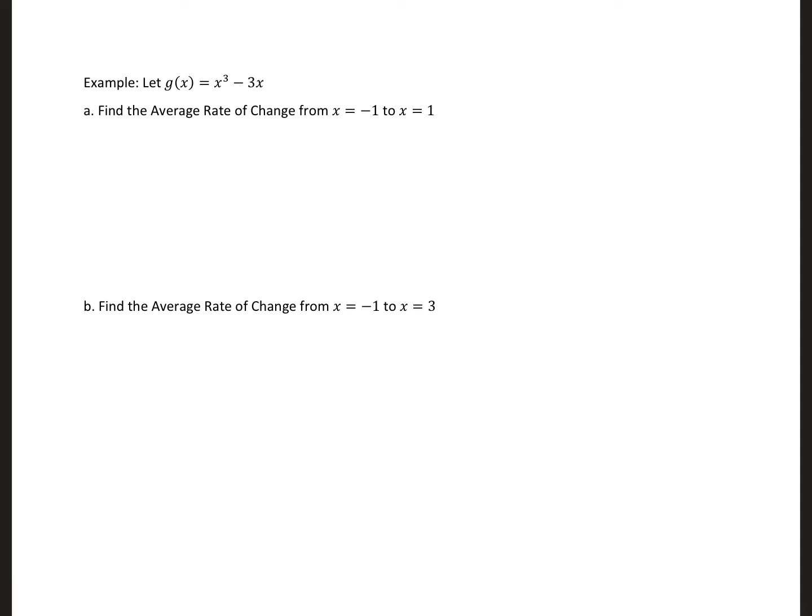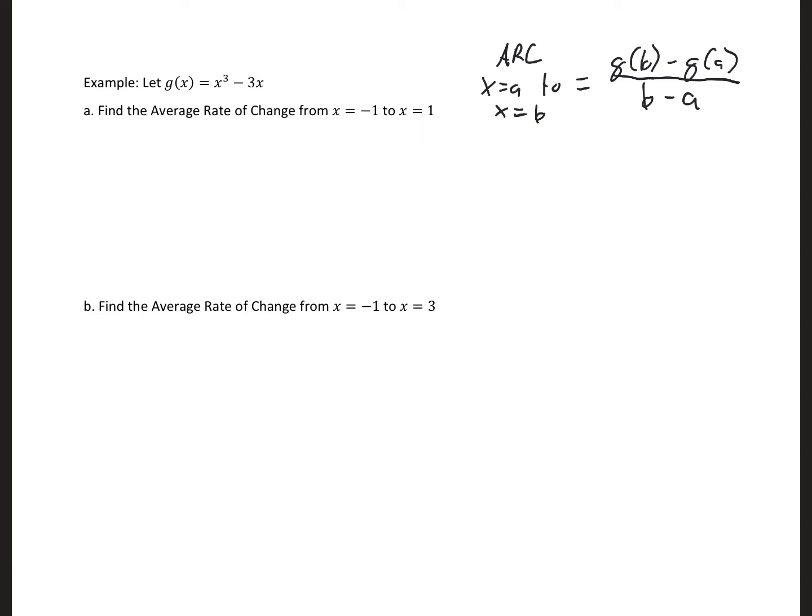In this example, instead of an f of x formula, we're going to use g of x. g of x equals x cubed minus 3x. So to find our average rate of change, in this case, from x equals a to x equals b, we're going to use the formula g of b minus g of a over b minus a. All right, so let's find the average rate of change from x equals negative 1 to x equals 1.